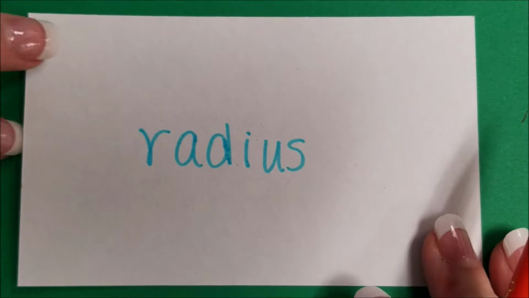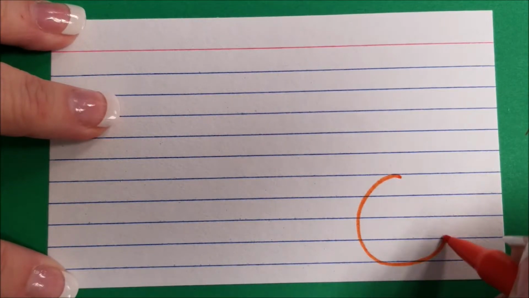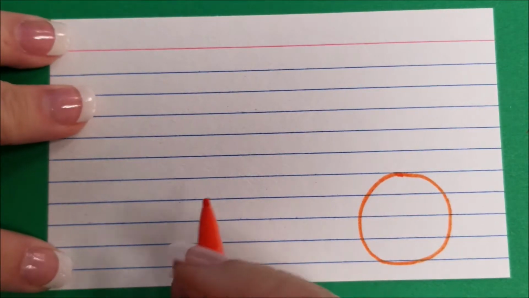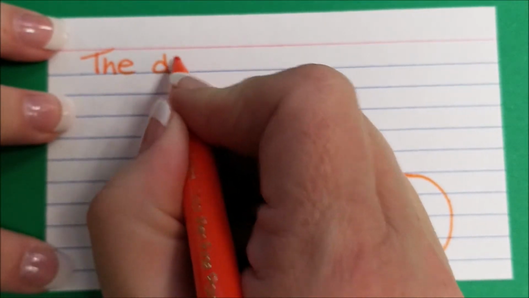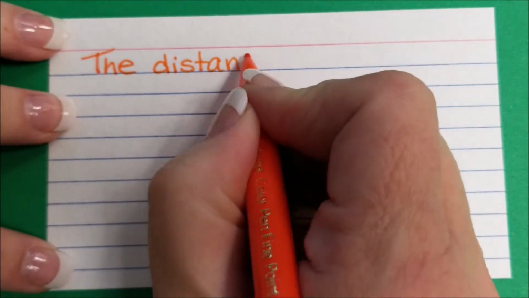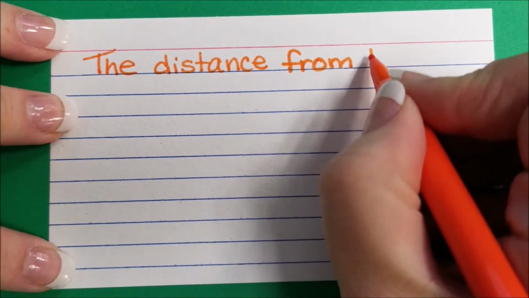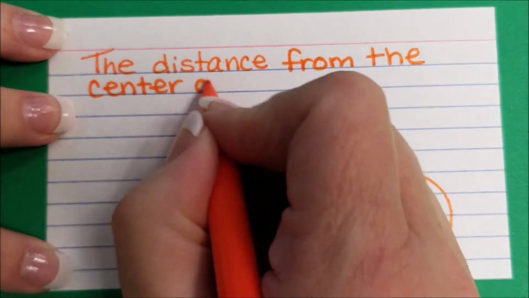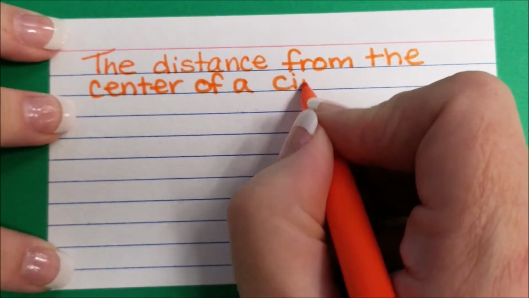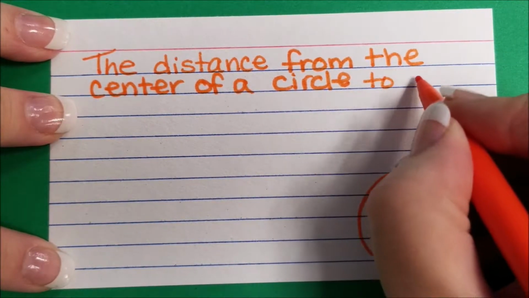When we're looking at the radius of a circle, once again, we'll be looking at a circle. So let me sketch a circle here. And this is going to be, once again, a distance just like the diameter. So the distance or length from the center of the circle to any point on the circle.